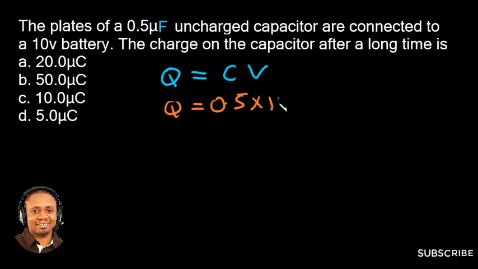The volt of the battery is 10. Alright, so by the time we multiply these, we have a final answer as 5 microcoulomb. Okay, good. So this is our final answer. So the answer option D is the right answer.